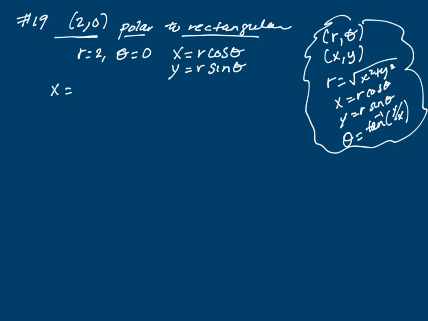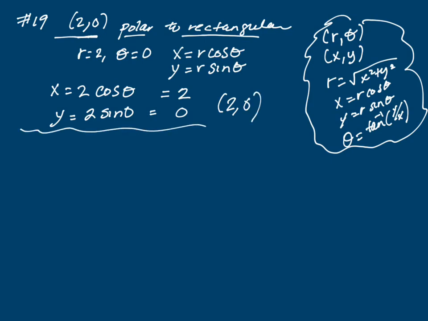So x would be 2 times cosine 0, or 2 times 1, so is equal to 2, and y equals 2 times sine of 0, which is 0. So my rectangular point is also 2, 0. Now that just is coincidence.